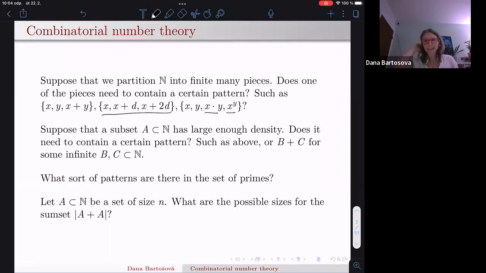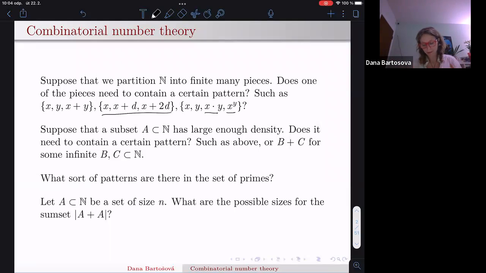Or we have density versions that became popular mostly in the past decade, but the first results go a lot further. So if I do have a partition into finitely many pieces, then one of the pieces has to be somewhat large.